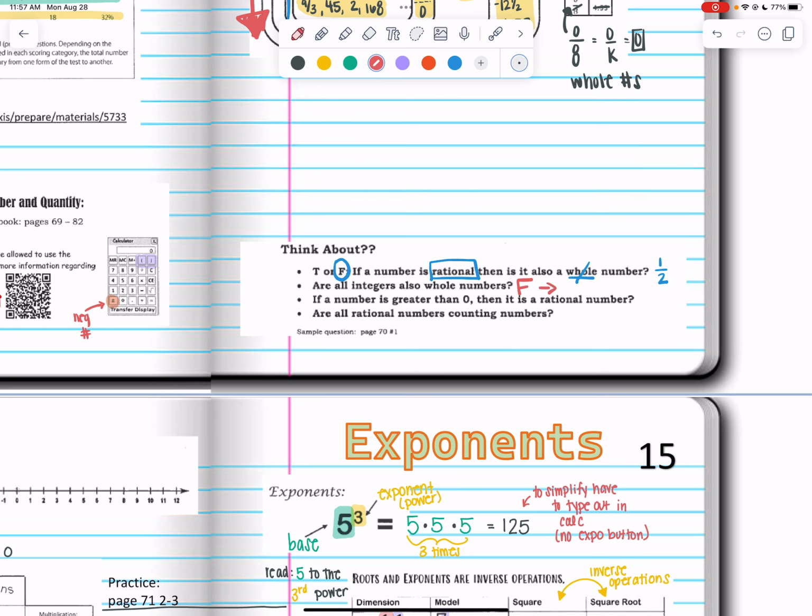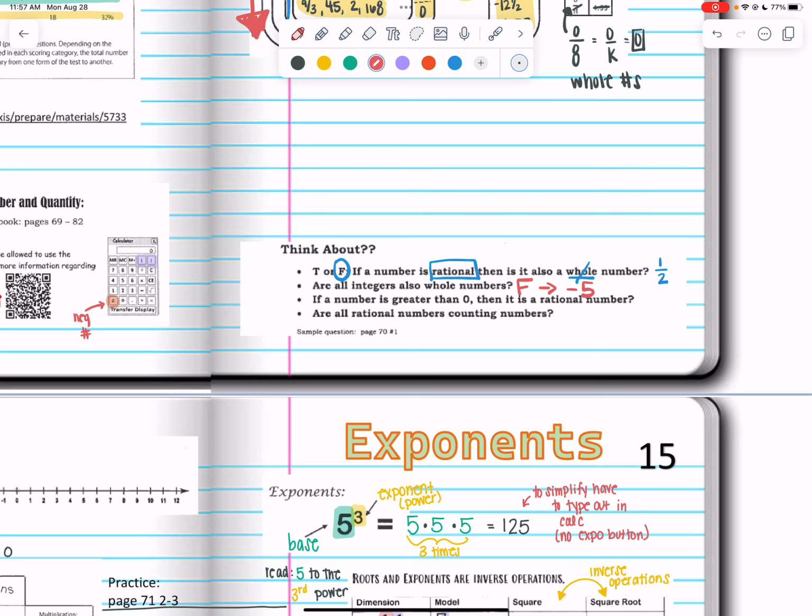An example of that would be the number -5. -5 is an integer, but it is not a whole number. So are all integers also whole numbers? No. False. Think of negative numbers like -5. It is an integer, but it is not a whole number.